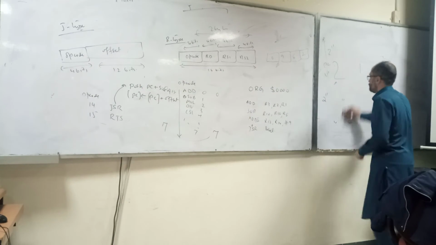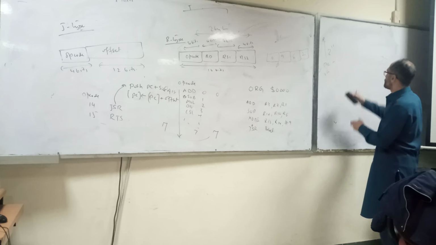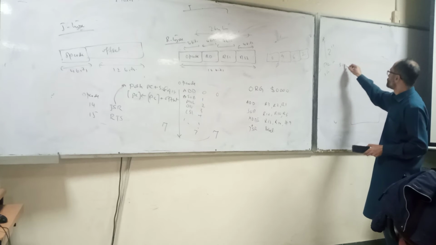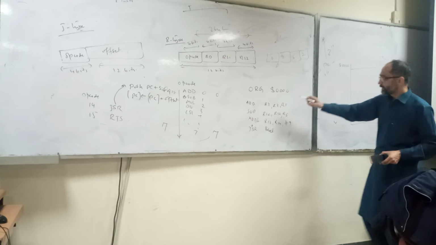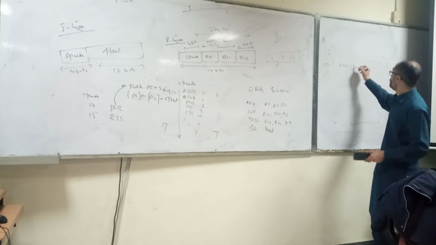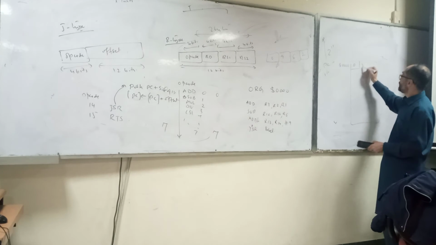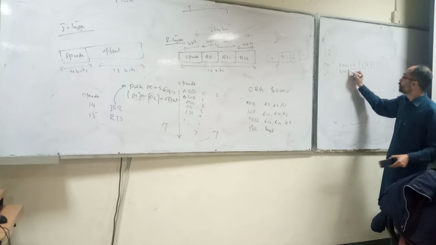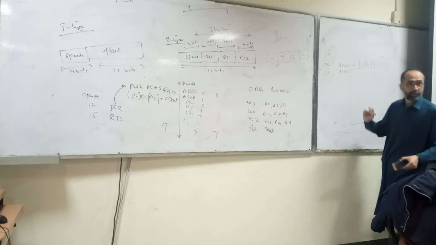So if you look at this small code, what does it imply? The starting address is 0000. And if you look at this add, what is the code? 0, and the registers are 3, 2 and 1. Then $0002. Why 2? Because the size of the instruction is 2 bytes.